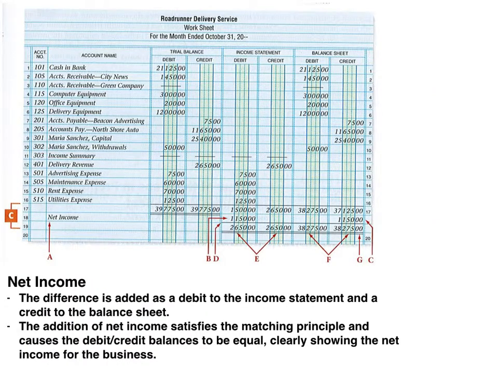So the difference is added as a debit to the income statement and a credit to the balance sheet. The addition of net income satisfies the GAAP matching principle and causes the debit and credit balances to be equal. It also clearly shows the net income for the business.